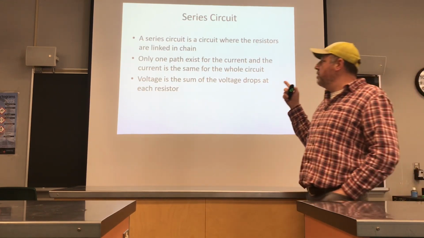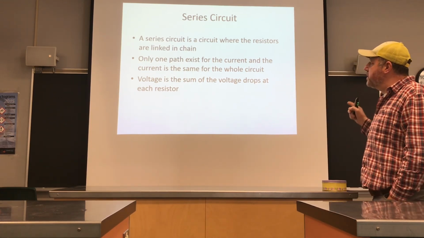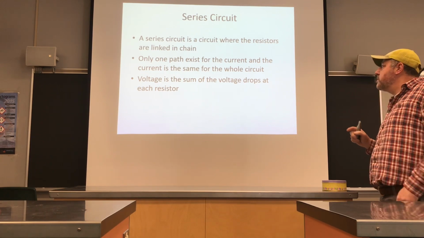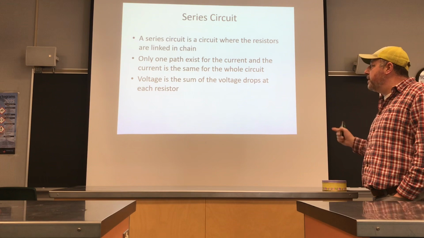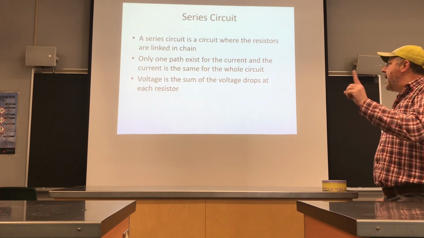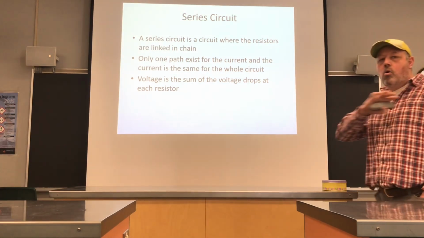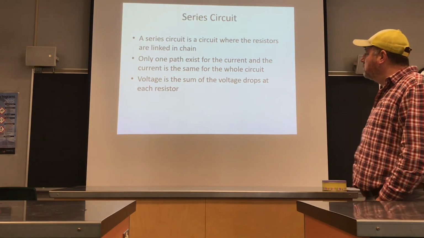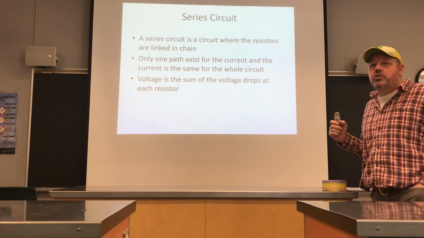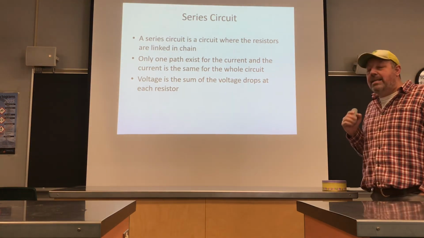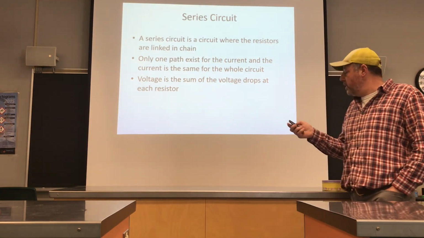When we talk about series circuits, a series circuit is a circuit where the resistors, or light bulbs, in this case maybe, are linked in a chain, one after the other. Only one path exists for the current, and the current is the same for the whole circuit across the board. Voltage is the sum of all of the voltage drops at each resistor or at each light bulb in this case.